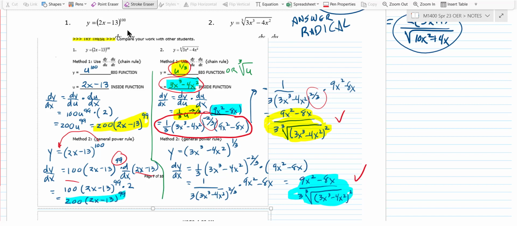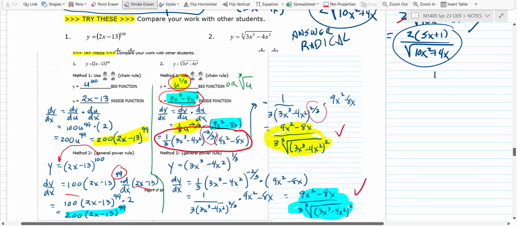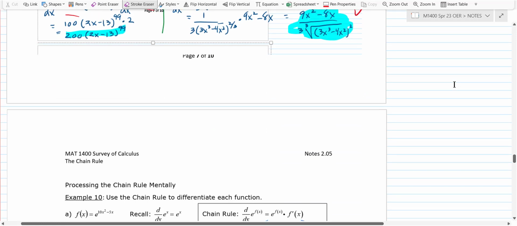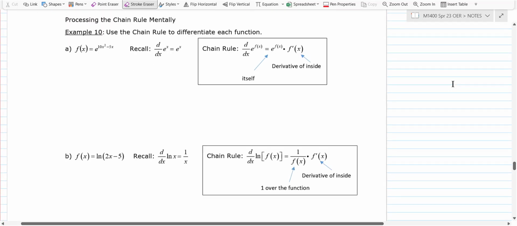As we finish this section, that is. I haven't done those kind of problems yet, but that's what I'm going to get to next. All right, so like I said, you'll be better at your algebra by the end of the semester. You have no choice, okay? It's the way it is. All right, so let's go to the next kind of idea here.